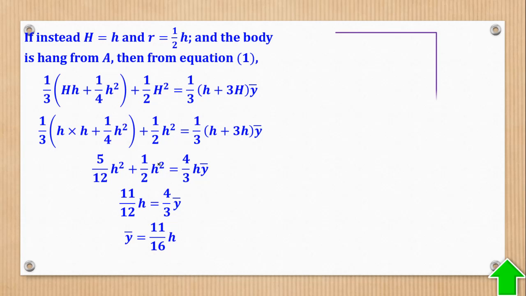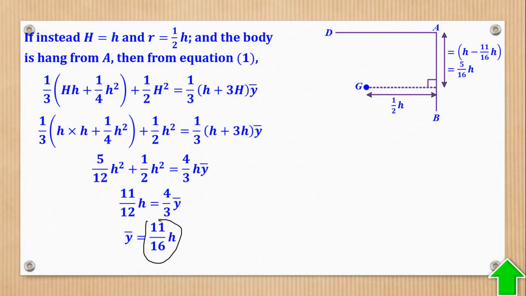So now, they want the angle, so I'm going to redraw. It was being suspended from A. Put the center of gravity, that is a half h. Then that will be the balance, you need h minus that to give you 5/16h.